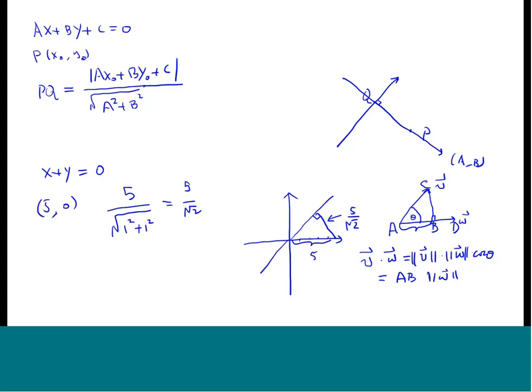Maybe I join something like this, you'll feel better. So this is a line, the line is ax plus by plus c equals 0. So this is AB. You can think of AB maybe as this way, it doesn't really matter.